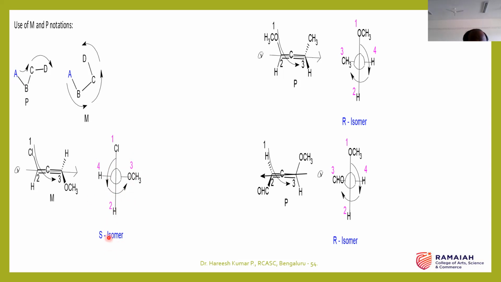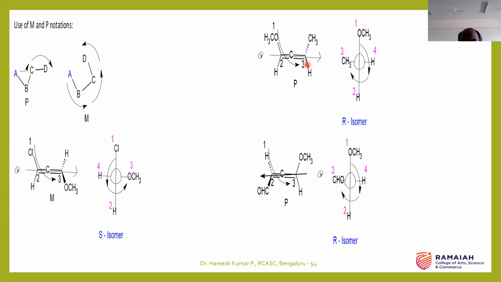That is the reason it has S configuration. S is nothing but M. That is how you can assign. Otherwise, you can also give numbering. So this is 1, this is 2, so it is moving in this direction, which is the anti-clockwise direction, and this is M.